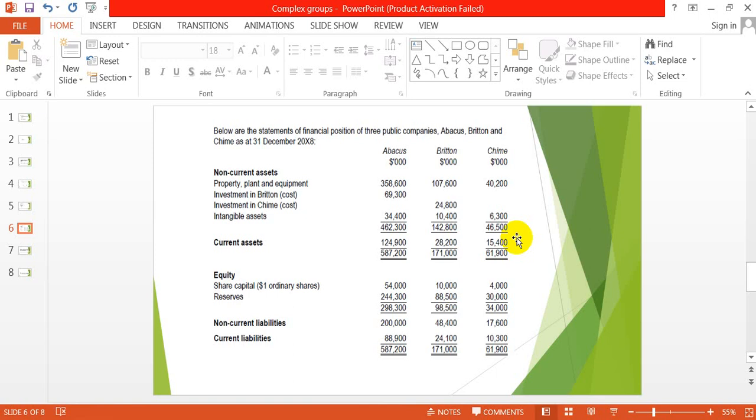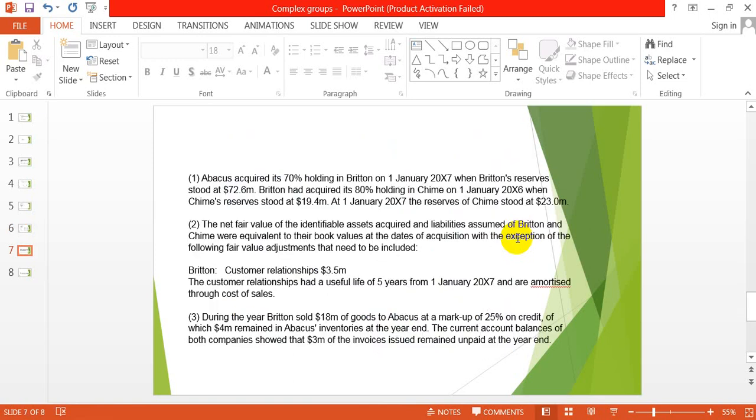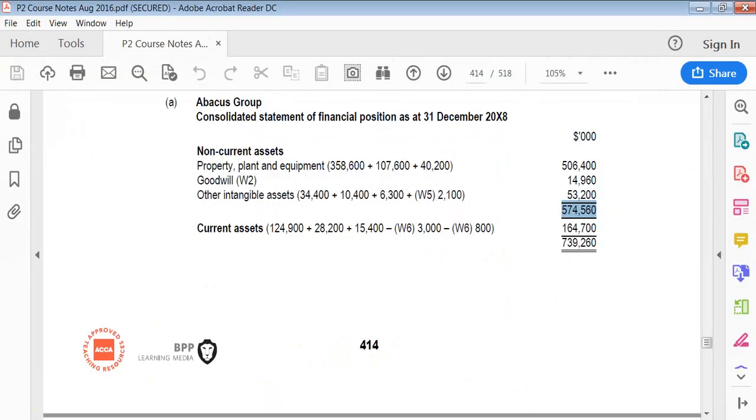In the inventory, we subtract the unrealized profits on the sale of goods in Note 3. We had calculated unrealized profit as 800. We subtract that.